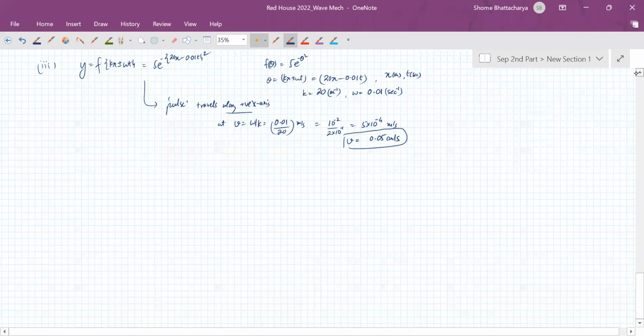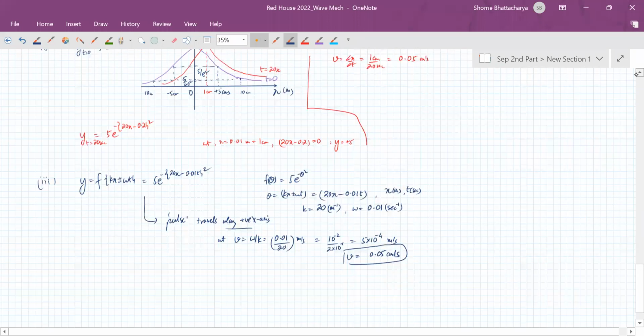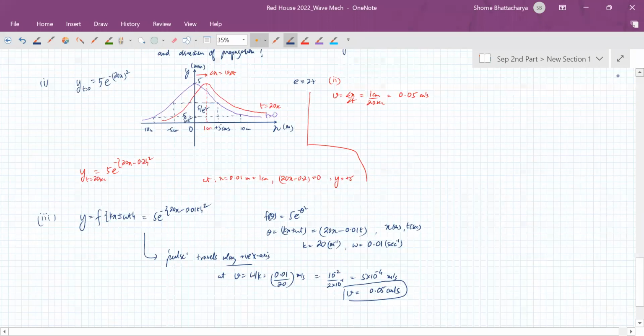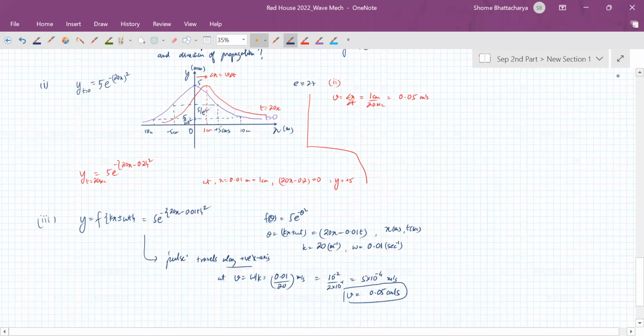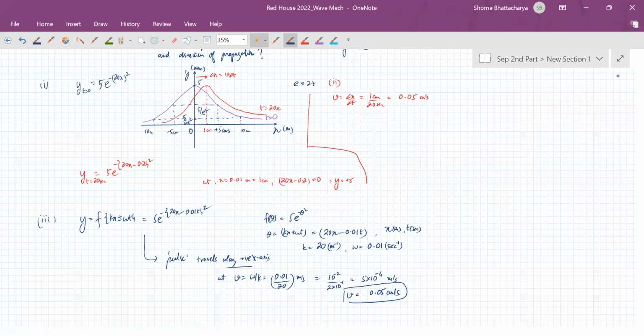So this is just to get used to this kind of an equation where y is a function of two parameters, x and t, and the two parameters are linked to each other in such a way that the argument of the function is either kx plus omega t or kx minus omega t. For that matter, it can be omega t minus kx also. It need not be kx plus omega t.